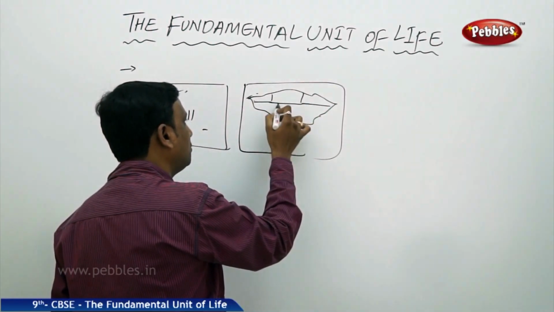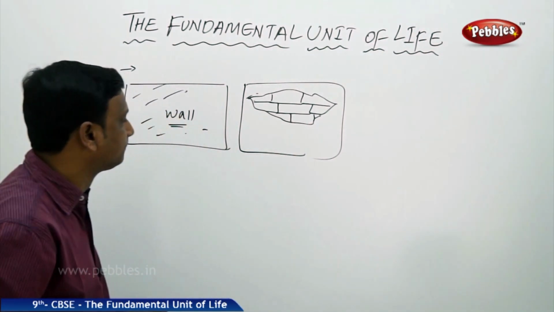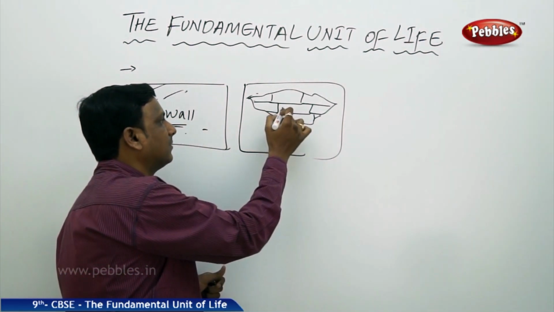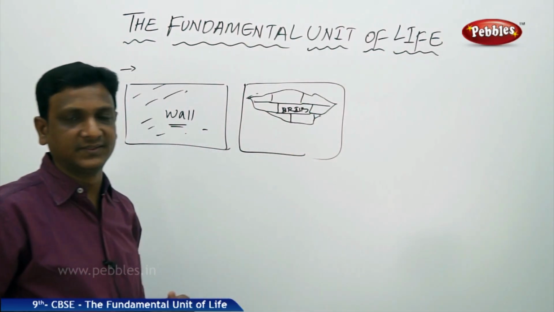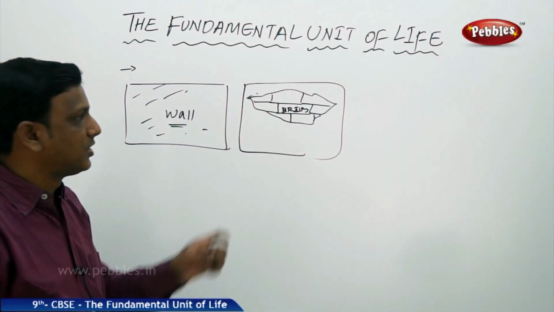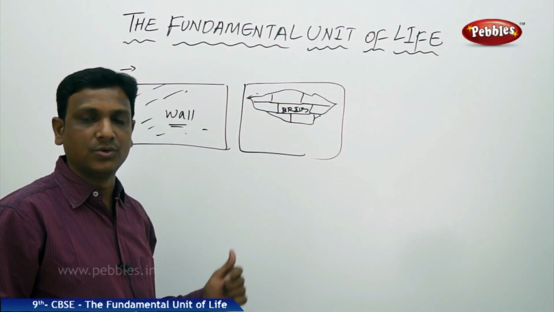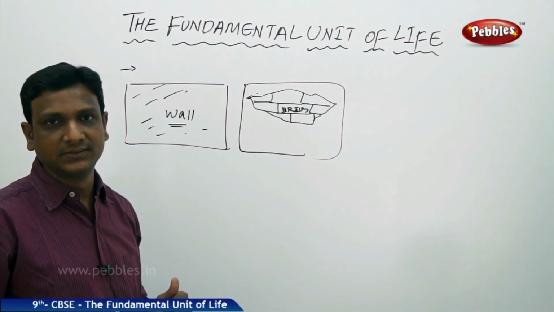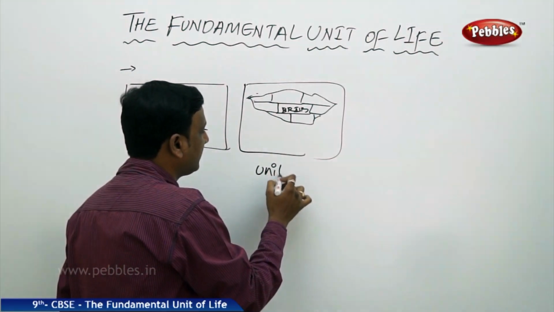From there, you can see the inner things of the wall. These are the bricks. By this you can identify the wall is made up of bricks. So a wall is made up of some bricks. 100 bricks, 200 bricks, 500 bricks. So brick is a unit which makes up the wall.